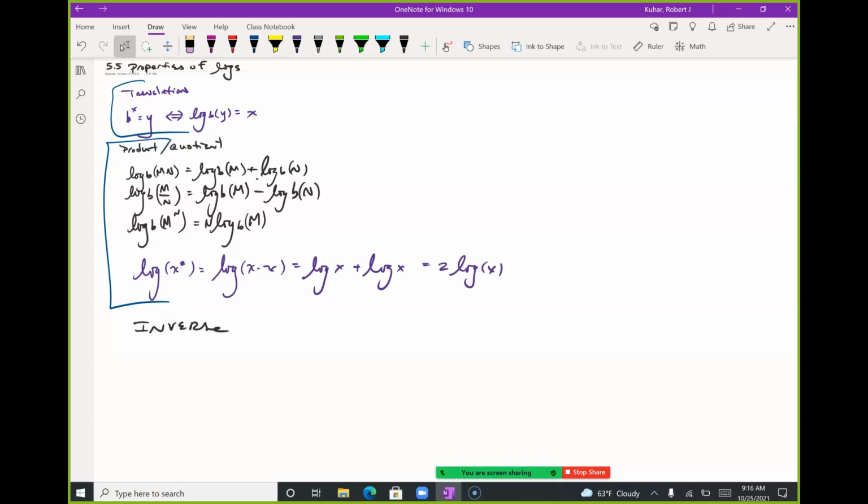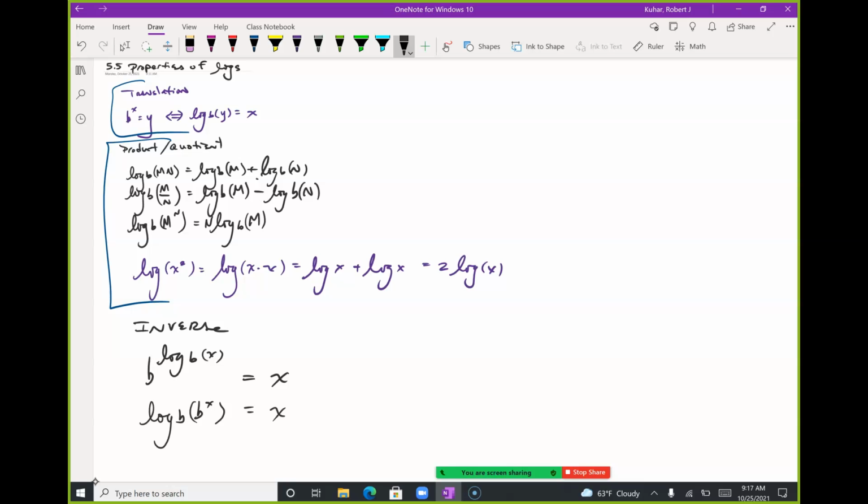Because b to the x and log base b are inverses, they fall apart when they're composed, and all that's left is the input. Meaning if I have b raised to the log base b of x, all I get is x. Everything cancels out with each other. And log base b of b to the x is also x.